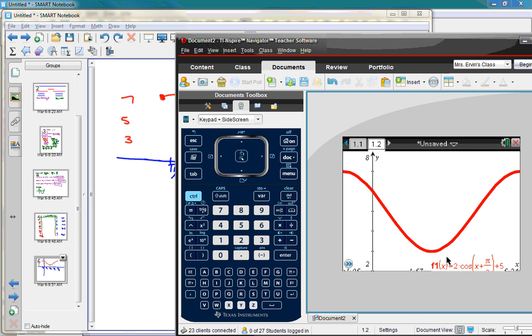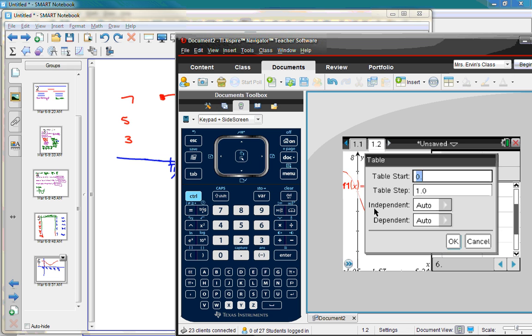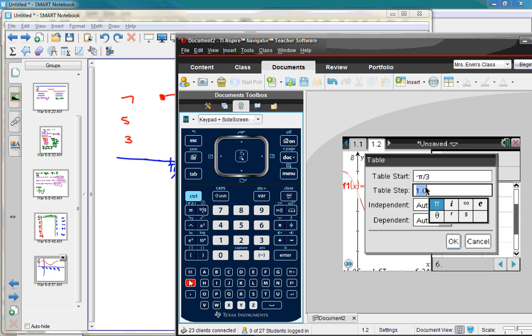Now, if you want to check your XY table, which you always should be, do you hear what I'm saying? These two things that I'm doing in the calculator, you should check for every one of your problems. I'm going to hit Control-T for my table. I'm going to come over here and hit Menu, Table, Edit Table Settings. I'm starting at negative pi divided by 3, and my step's going to be pi divided by 2.